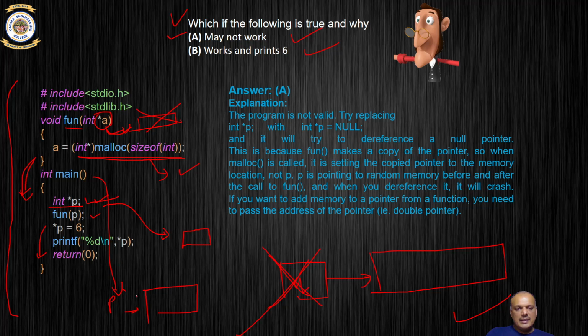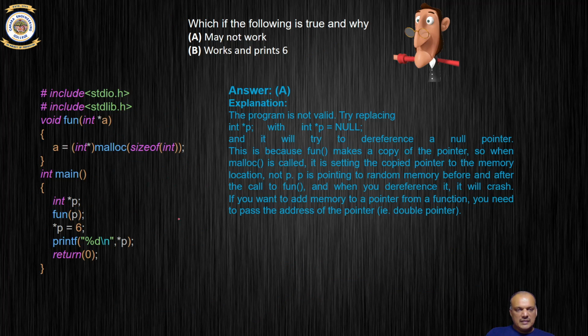So P is as it is, it doesn't point anywhere, and A gets destroyed. That is what happens. That is not how you do allocation to pointers dynamically using an extra user defined function. So that's why you have a problem here.